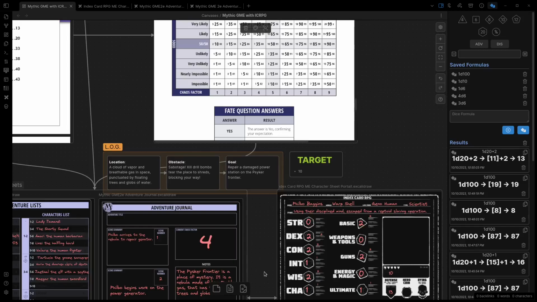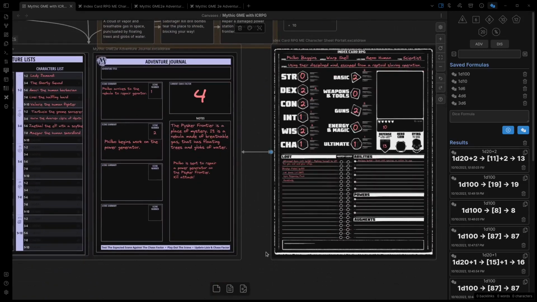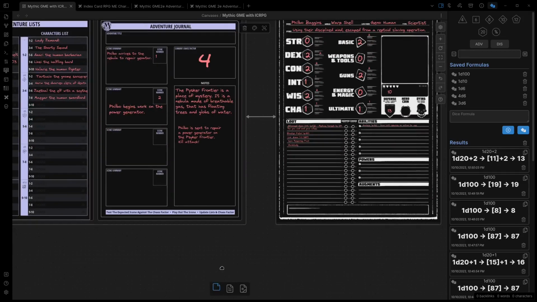So let's set a... we'll call it generator repair, 0 of 10. Cool. So that's how much effort I've done for it. Let's do a timer.